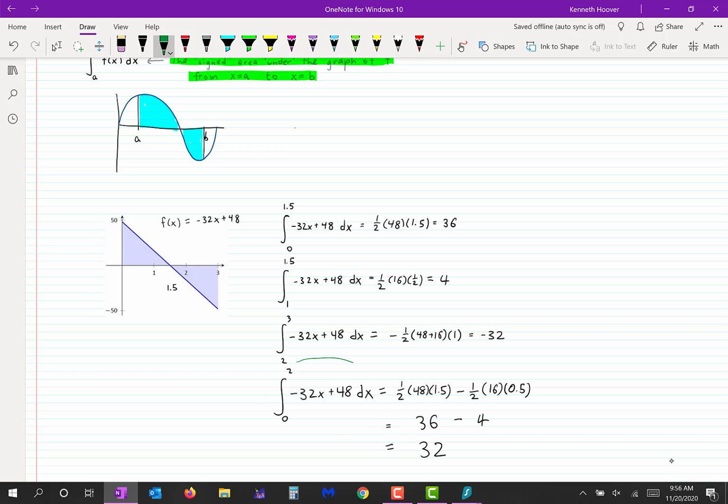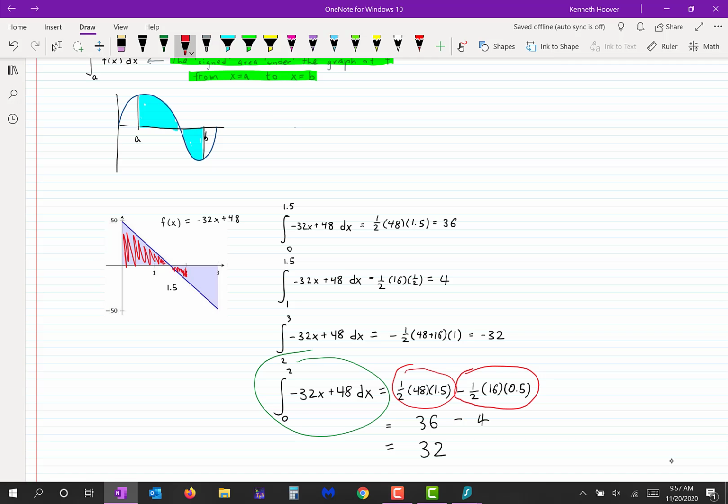Here, when we integrated from 0 to 2, look at how we did that. We calculated that triangle, which was this area, and then we added to that this triangle as negative area. So that's why it says subtract. I said added, but you see subtract, because what I said was we add it as negative area. That's this triangle.